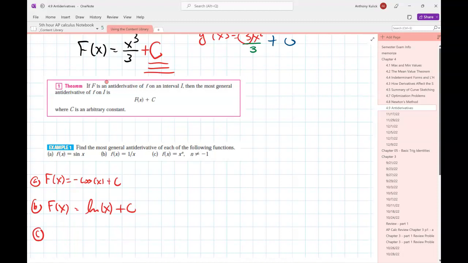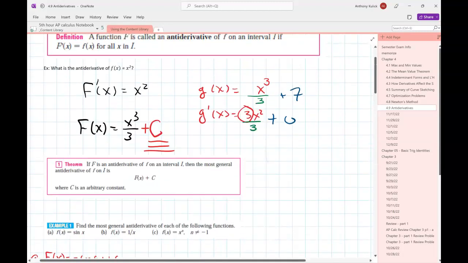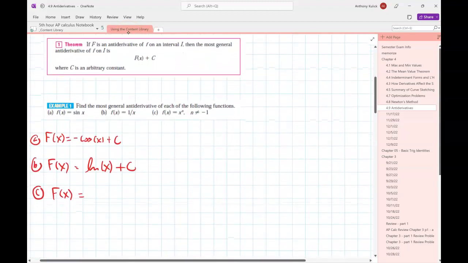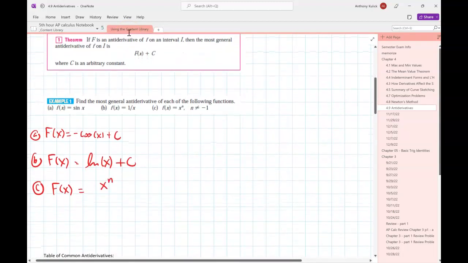Okay. Here, f of x is equal to x to the n. So here it's not specific. What did we do back here? What happened to the exponent? We added 1, okay? So this will be x to the n plus 1.